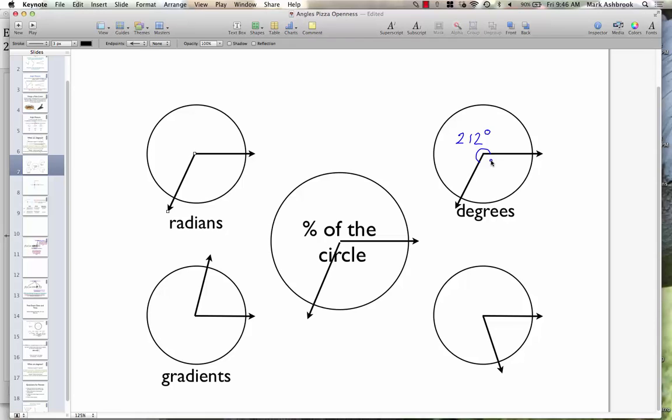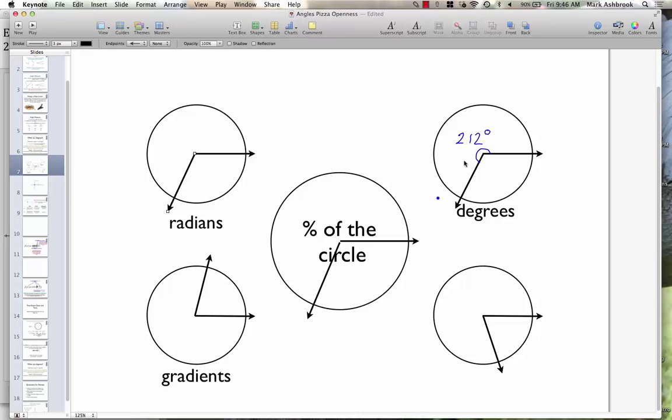How would you get percent of the circle from 212? Yep, you're starting with 212 degrees.